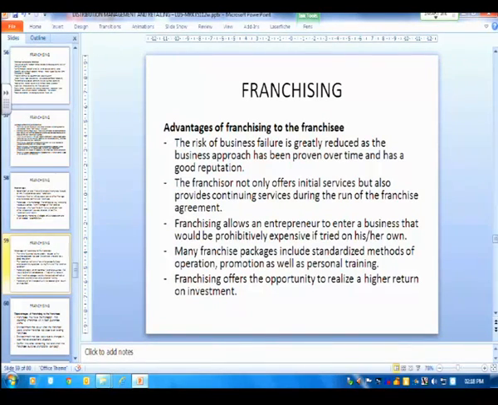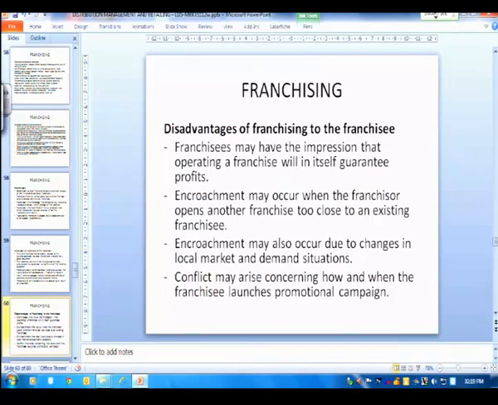Franchising allows an entrepreneur to enter a business that would be prohibitively expensive if tried on his or her own. And many franchise packages include standardized methods of operation, promotion, as well as personal training. And then franchising offers the opportunity to realize a higher return on investment.